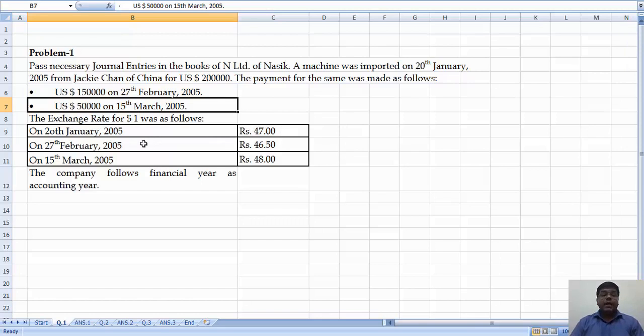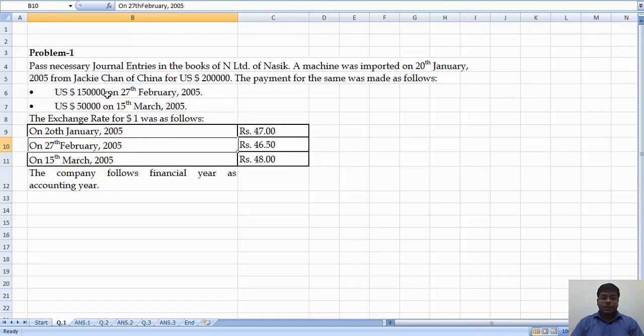But when we made the payment on 27 February for 1,50,000, the rate had gone to 46.50, and on 15 March 2005 the rate was 48. So on 27 February the rate decreased and on 15 March the rate increased. So these two terms we have to take into account while posting the journal entries.